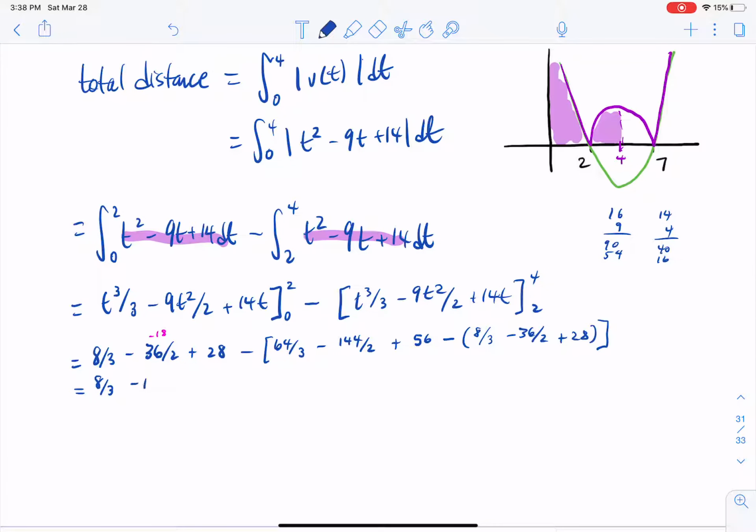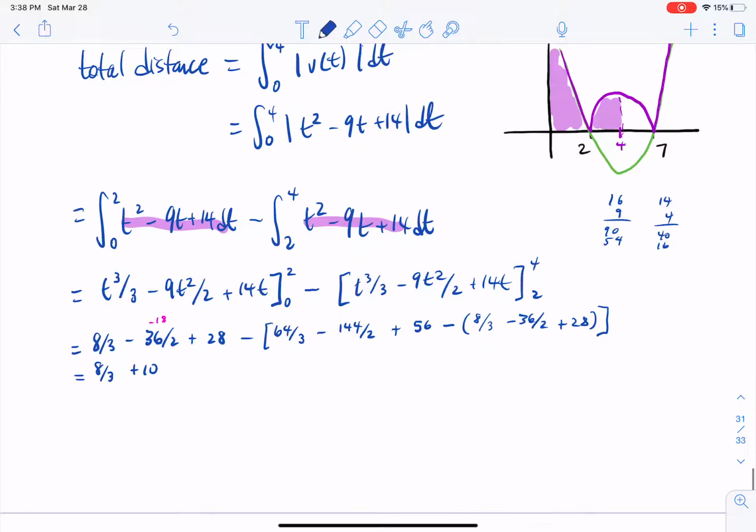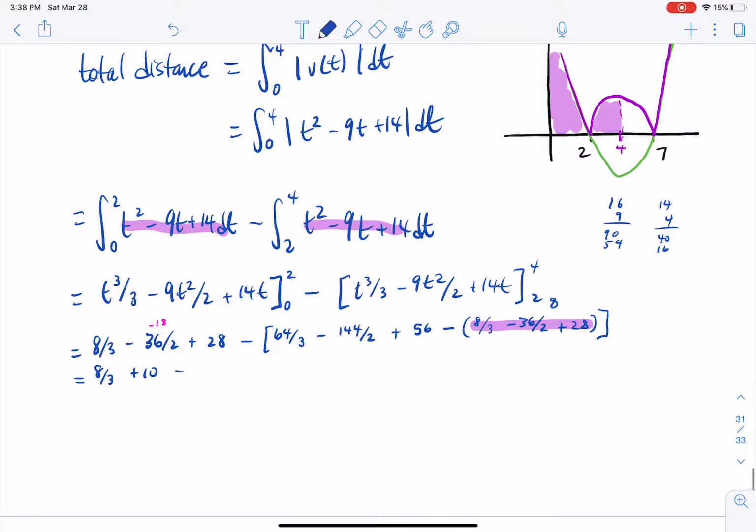And it should be negative 10 because the 18 was a little bit bigger. Okay, I think 28, no it isn't, the 28 is bigger. Okay, so it's positive. Okay, and then let's do the same thing with the stuff that's in the brackets. I also know that this part is 8/3 plus 10. All right, and then 64/3, I'll distribute a negative sign through it.